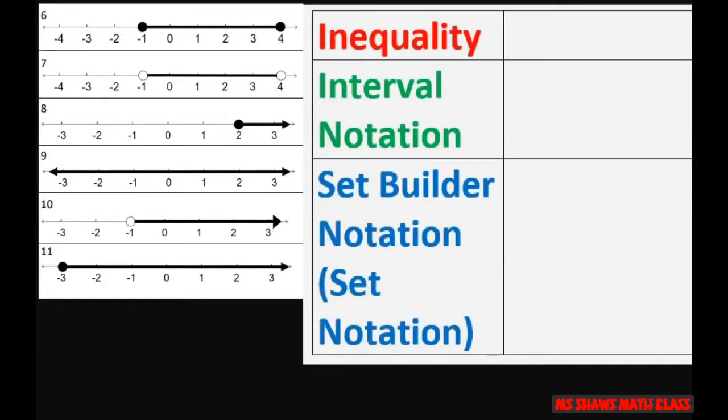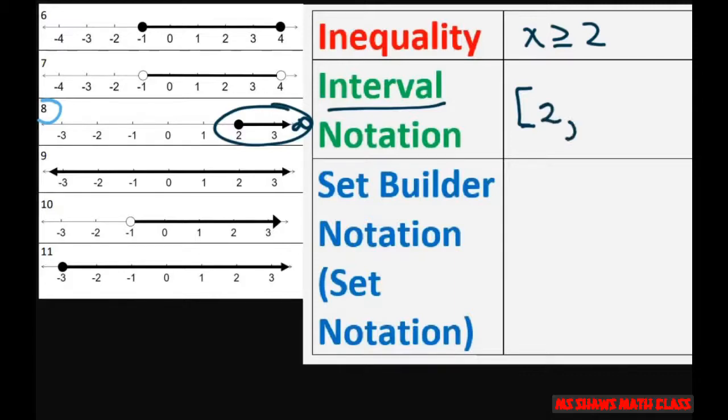Okay, so number 8. This is saying x is greater than or equal to 2, and it goes off to infinity. So in our interval notation, we put a bracket, so it's 2, comma, and it goes all the way to infinity.